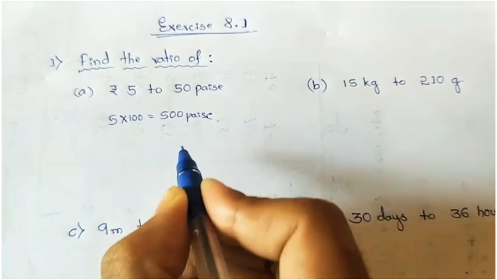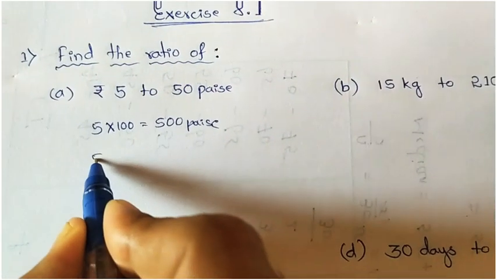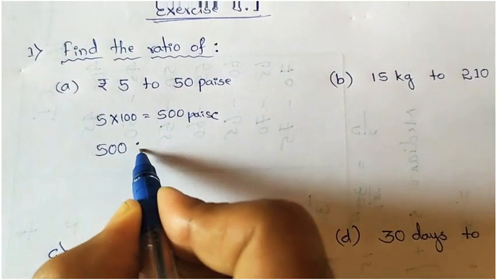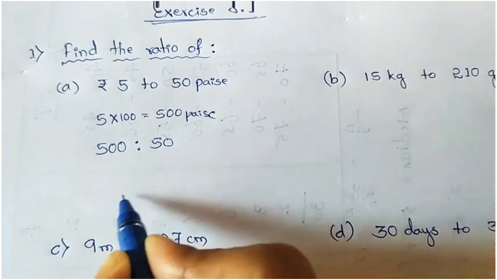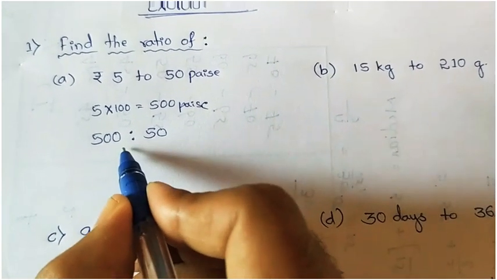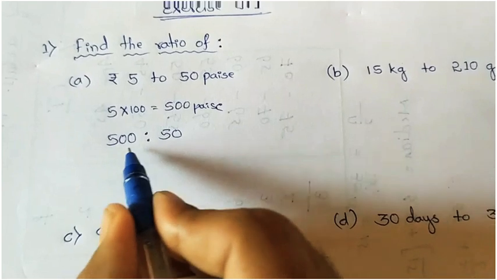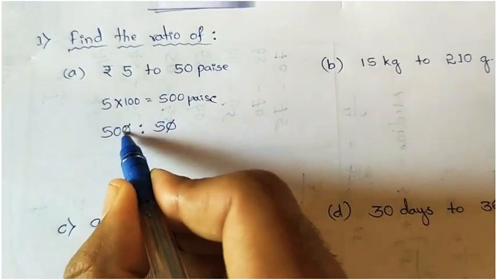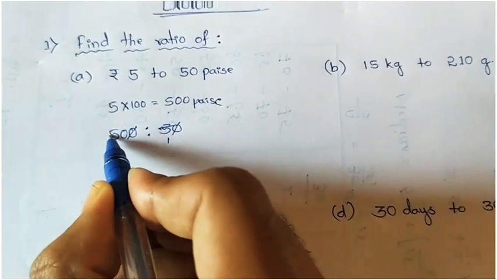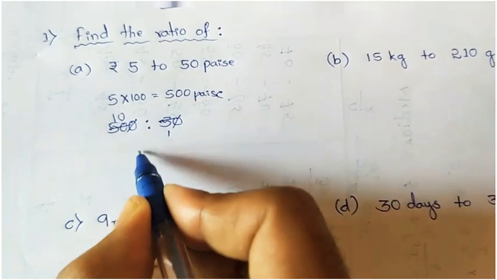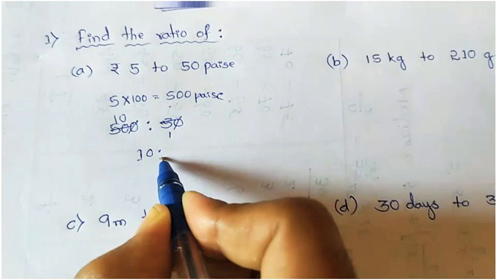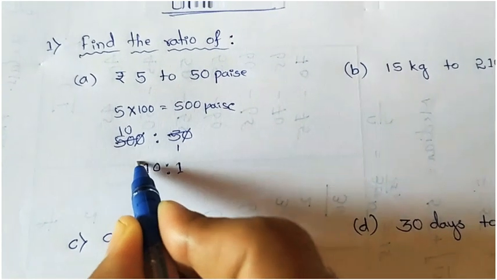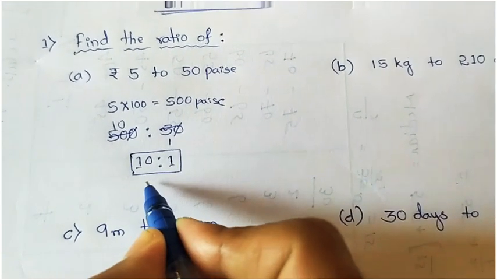So using this 500 paise, you can make the ratio, that is 500 is to 50. Now you can divide both terms by the same number. So 0 and 0 get cancelled, 5 ones are 5 and 0 is remaining, so 10 is to 1. So our required ratio is 10 is to 1.